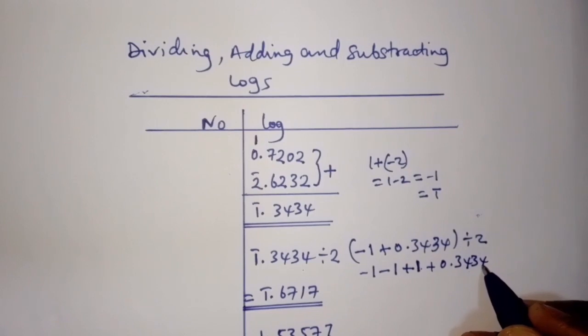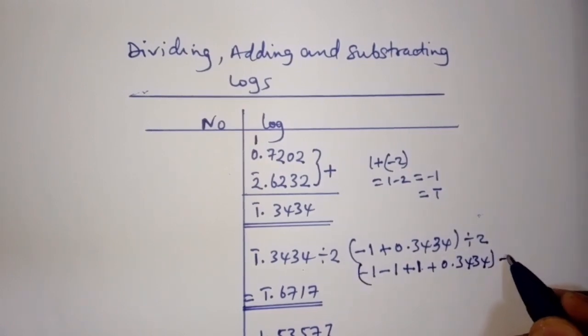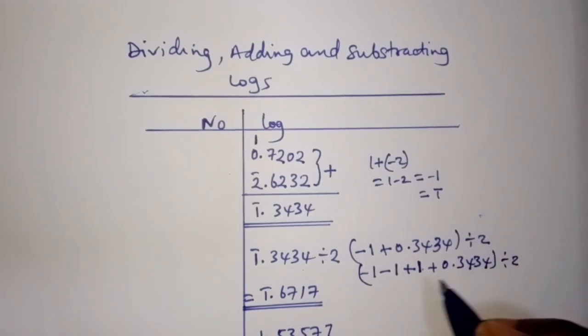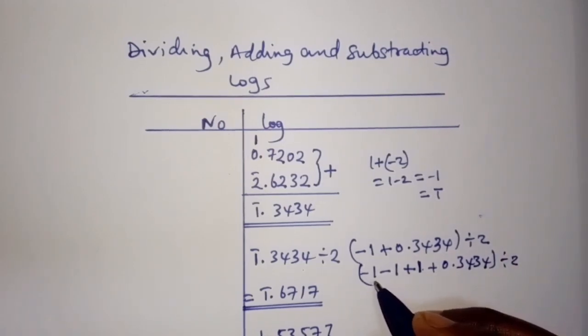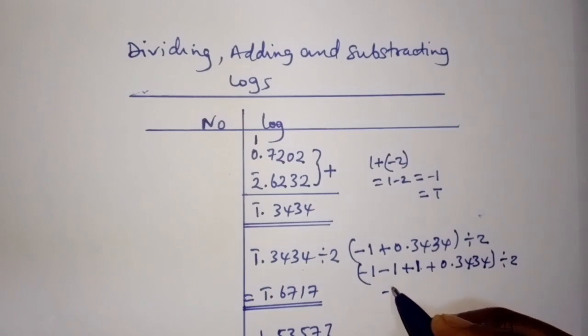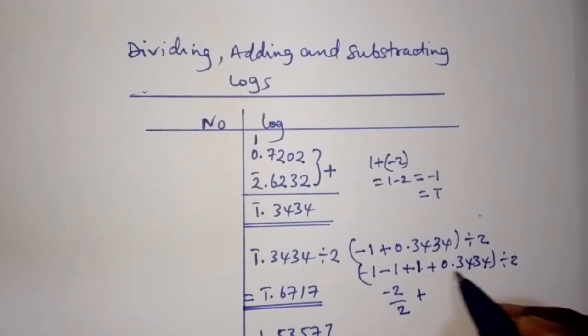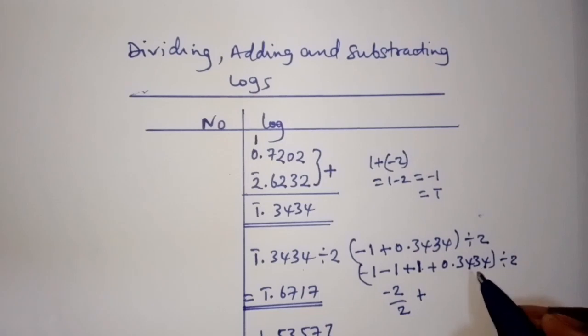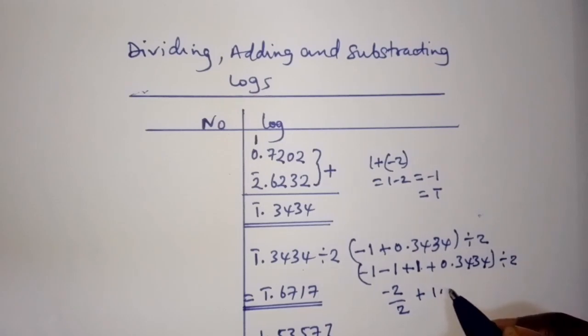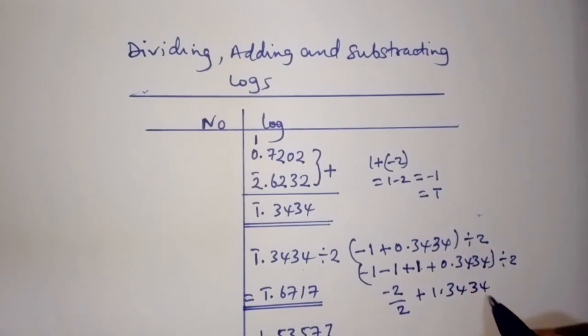0.3434 divided by 2. So you can say that negative 1 minus negative 1, this is negative 2, we divide by 2, plus 1 plus 0.3434, that is 1.3434, we divide by 2.